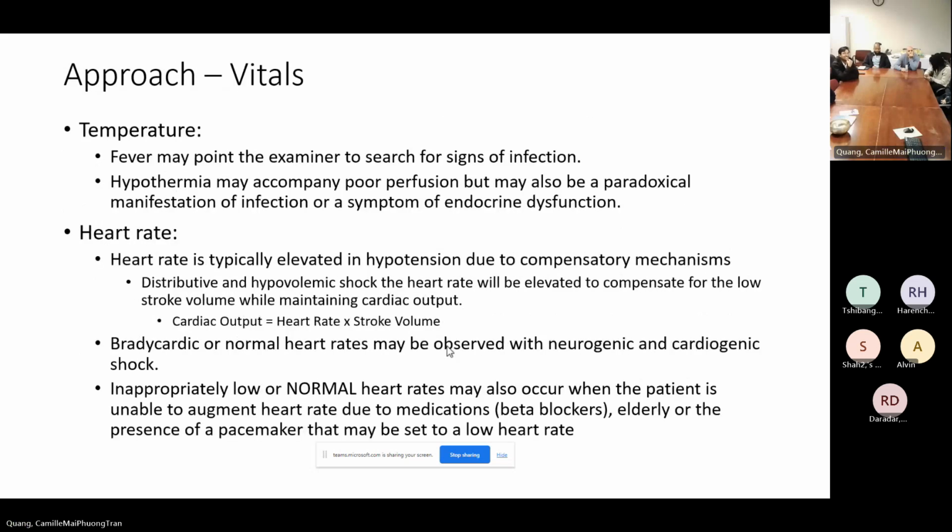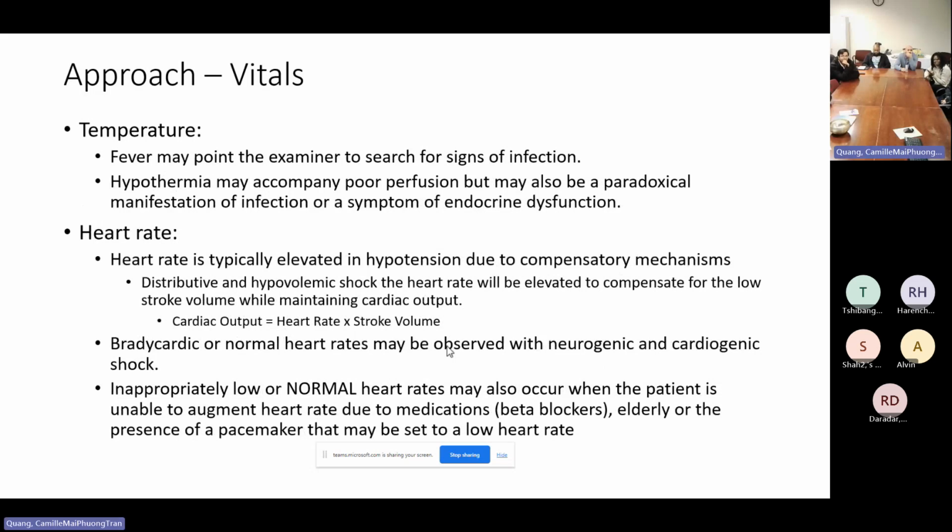So when you approach our patient's vitals, looking at what he had, the patient was febrile to 101, his heart rate was 121, respiratory rate was high, and his O2 was 94% on board. So approach to vitals.